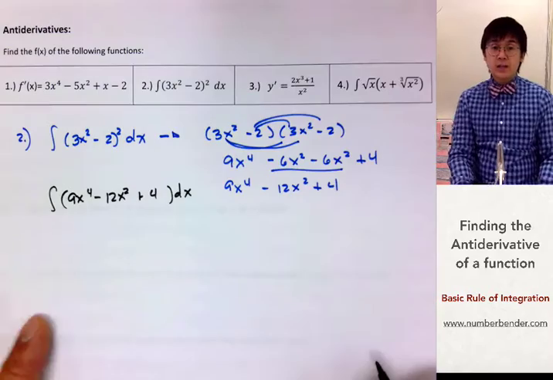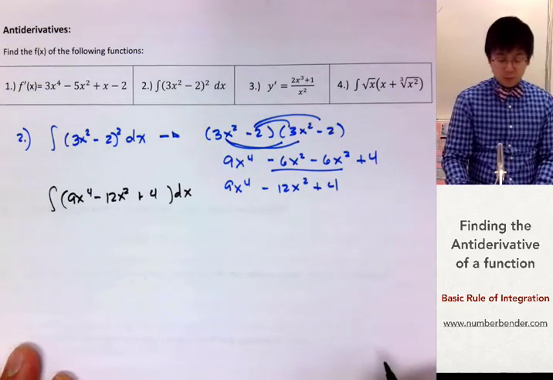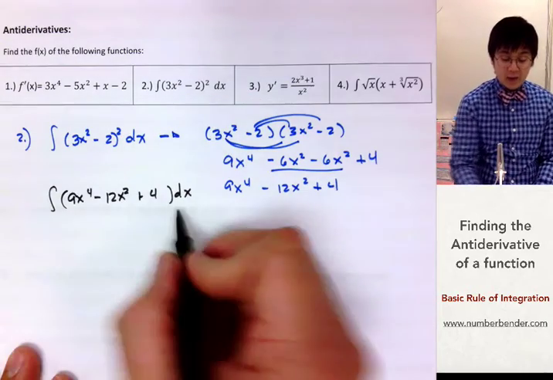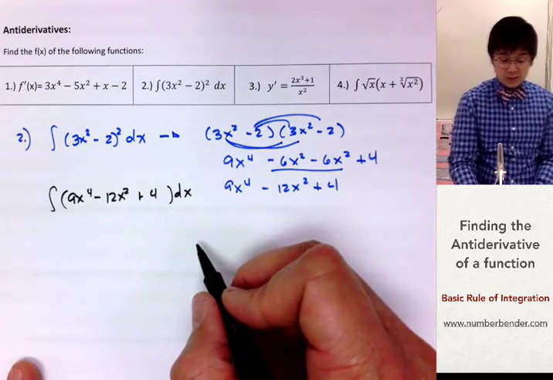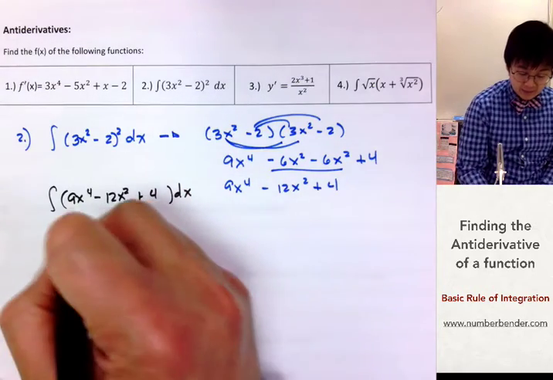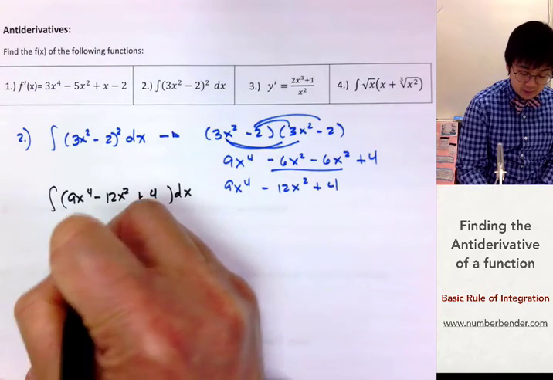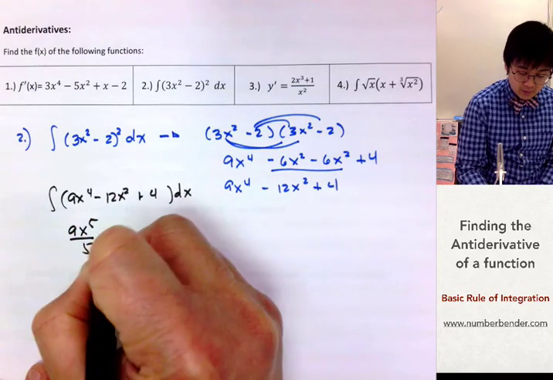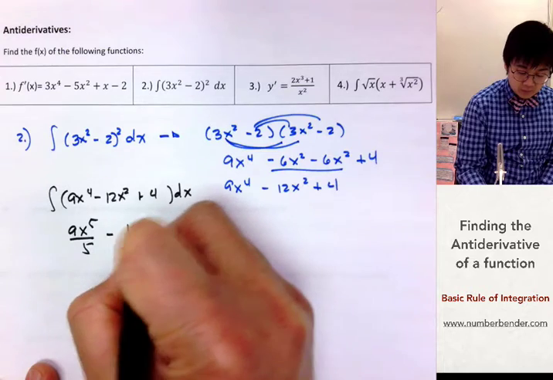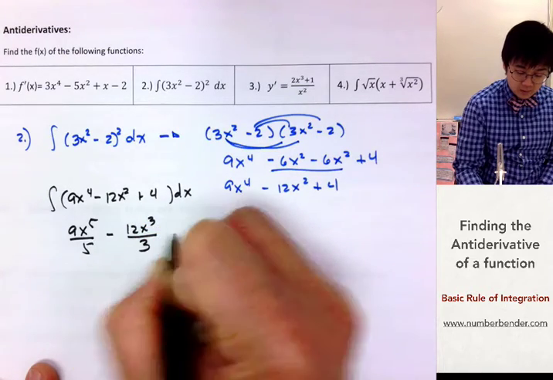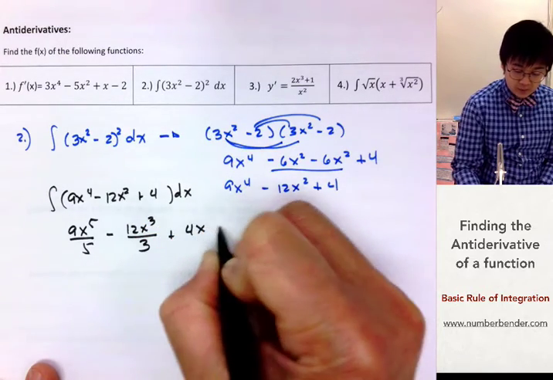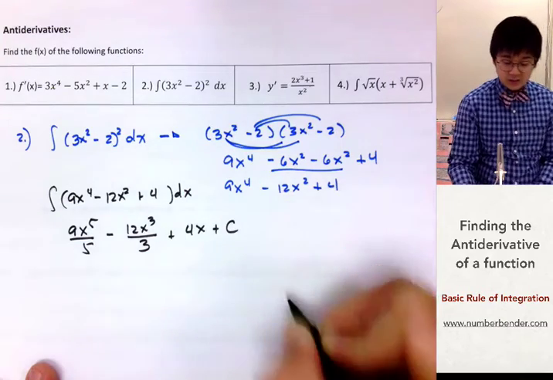dx. Just like what we did on number 1, since we now have a polynomial, we can simply use the rule and take the antiderivative of each term. So we have 9x to the 5th all over 5 minus 12x cubed all over 3 plus 4x plus the constant c.